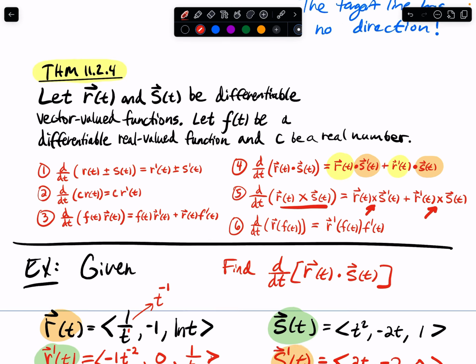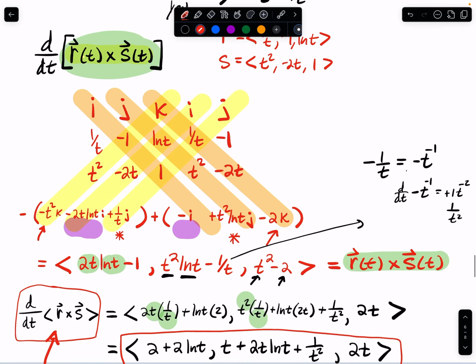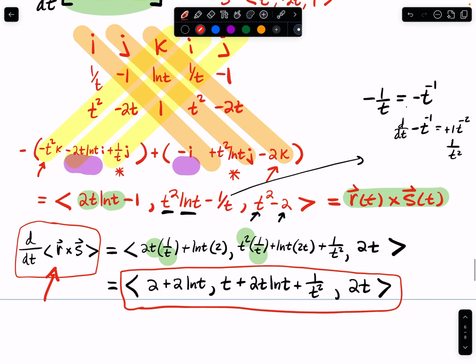So 2 cross products is going to be double your work basically. So just do the cross product first, then do the derivative with respect to t. But if it says to verify, that means you have to do the left side and then the right side as well. So that's just a lot of work.